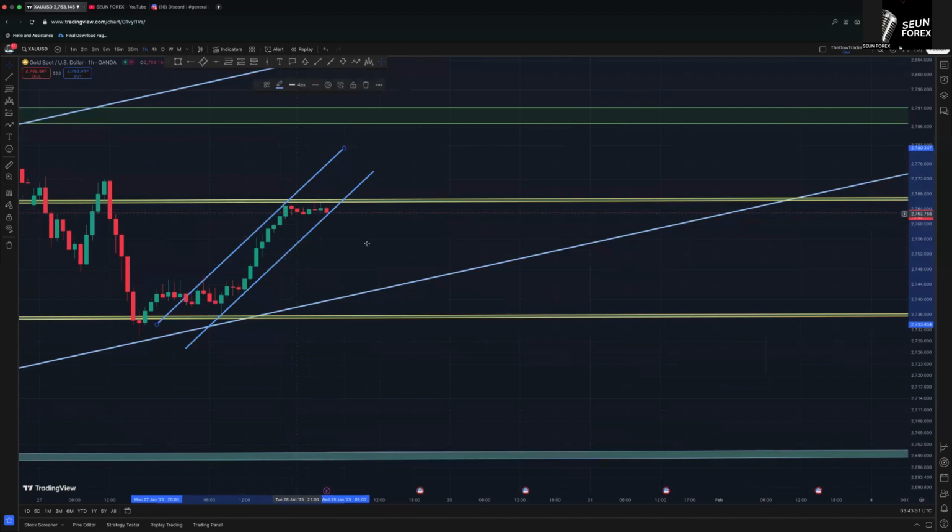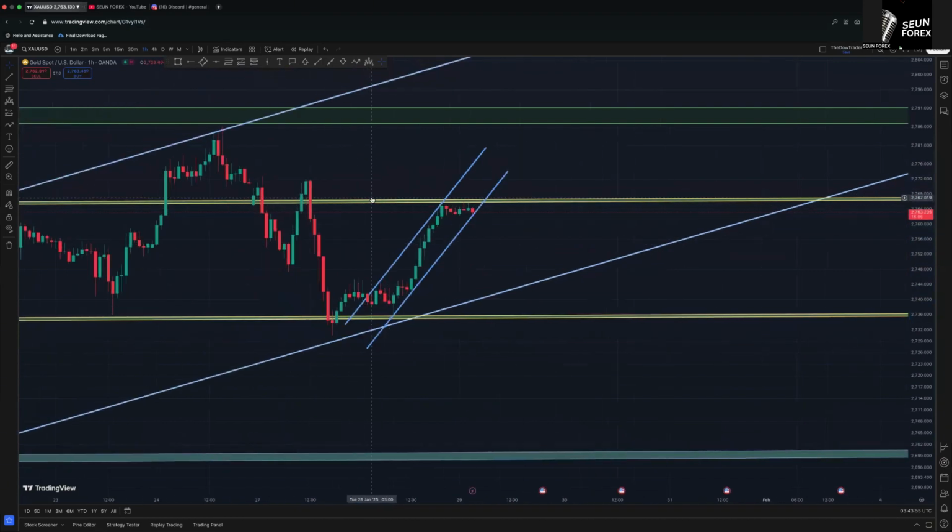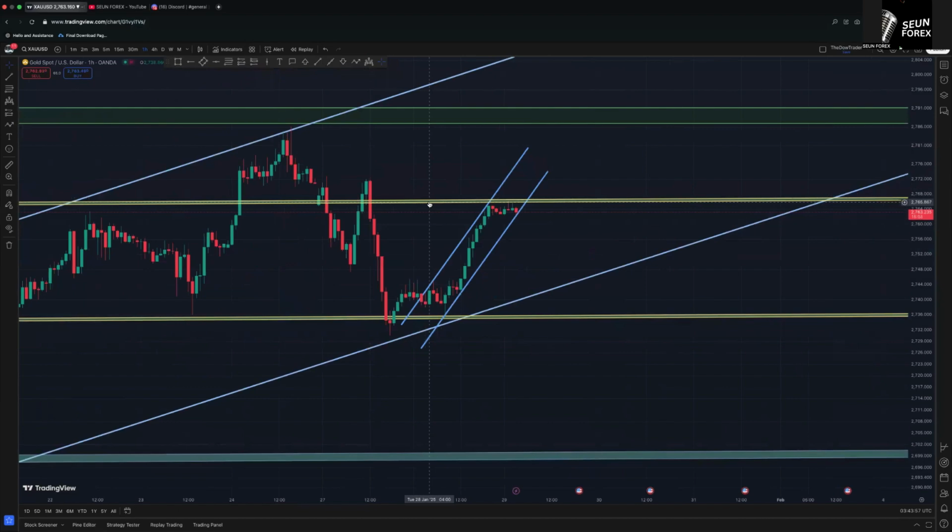Now, if you are paying attention, you will discover something. Apart from the previous candle in the 4 hour showing a massive shooting star, in the 1 hour this candlestick is doing complete consolidation.